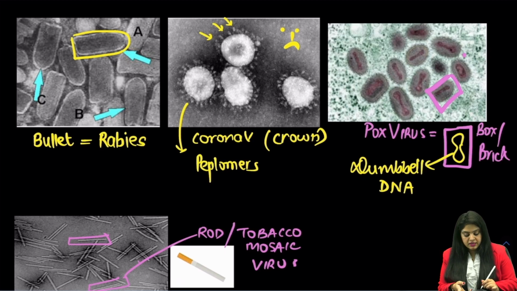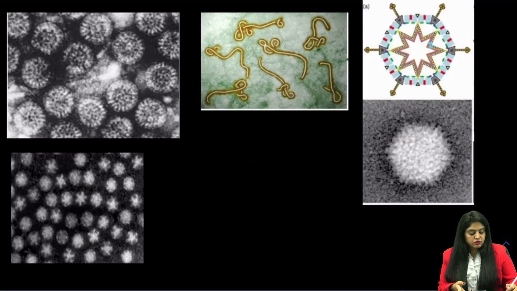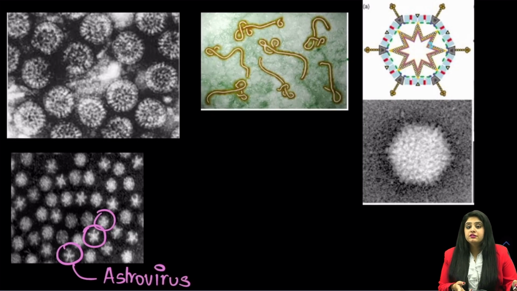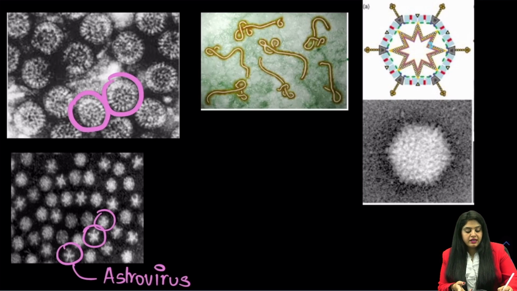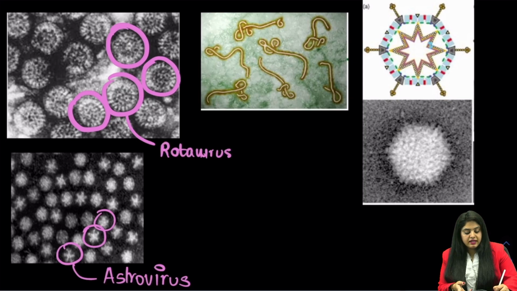Coming to the next one, what is this that you see? The easiest one, the one that looks like a star. The star one is going to be astrovirus. It can cause diarrhea. Astrovirus is known as a gastroenteritis organism. Then we have another diarrhea organism, diarrhea in children, that is a rotating wheel. The rotating wheel is rotavirus, the one that looks exactly like a rotating wheel.